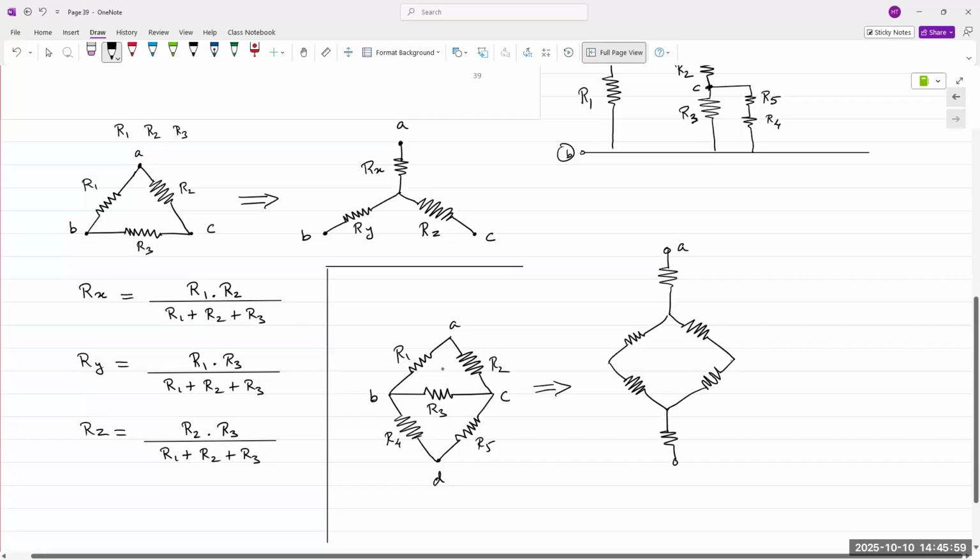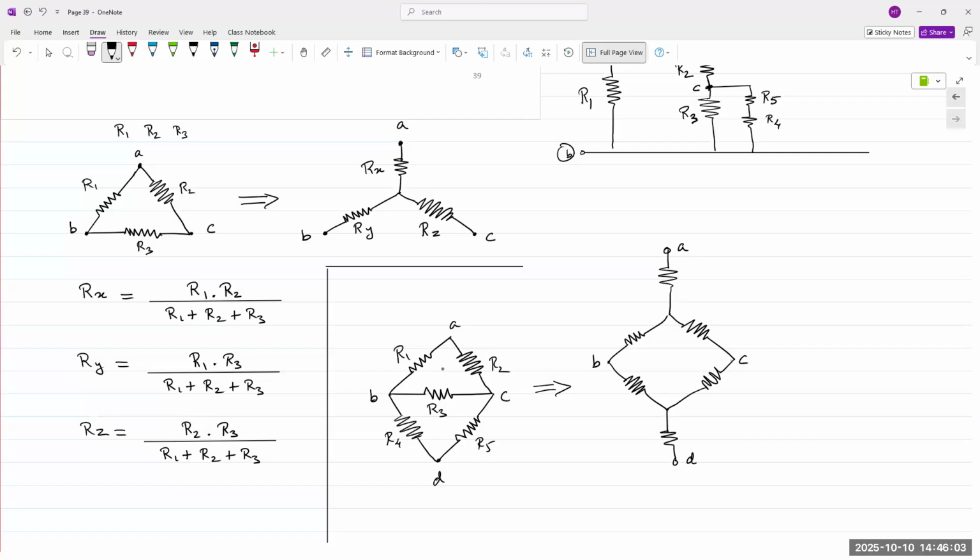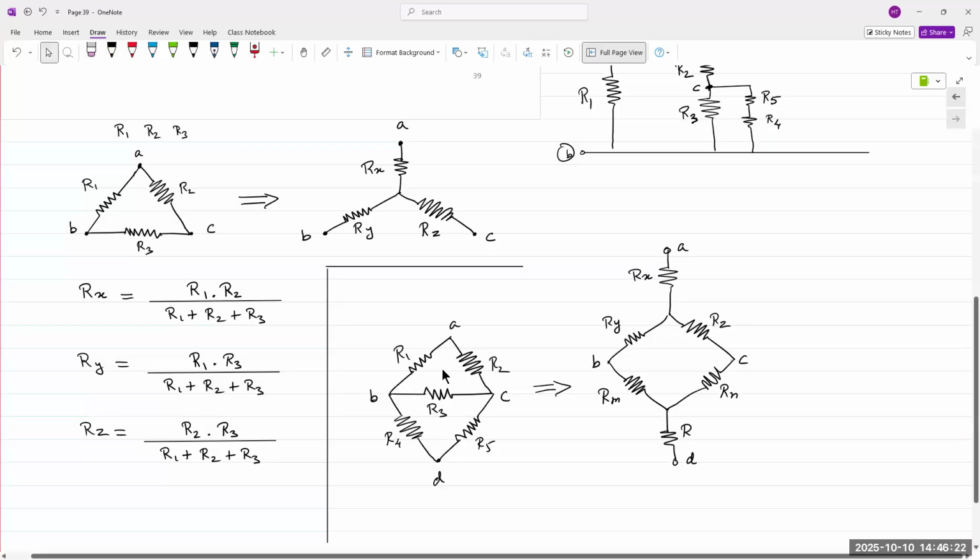The nodes are still the same, A, B, C, and D. But now the resistors are transformed. We got Rx, Ry, Rz. Let's call this Rm, Rn, and Ro.